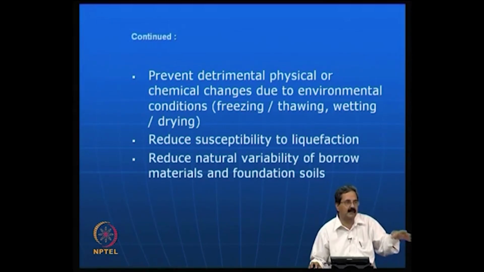If you take, for example, 5 to 10 samples in an area, the variability in dry density, gamma d maximum, should not vary too much; it should be within 5%. Like if it is 18 kilonewton per meter cube, it should be maybe 19, not too much different in the same soil.